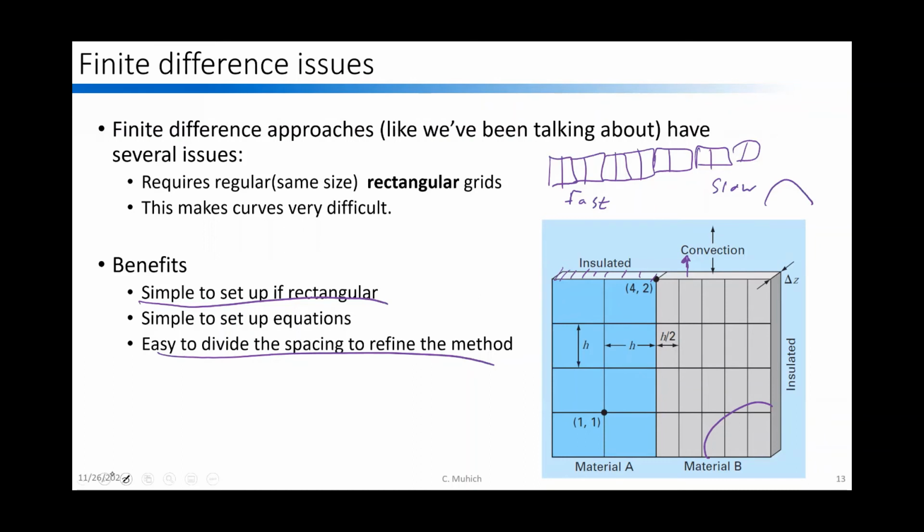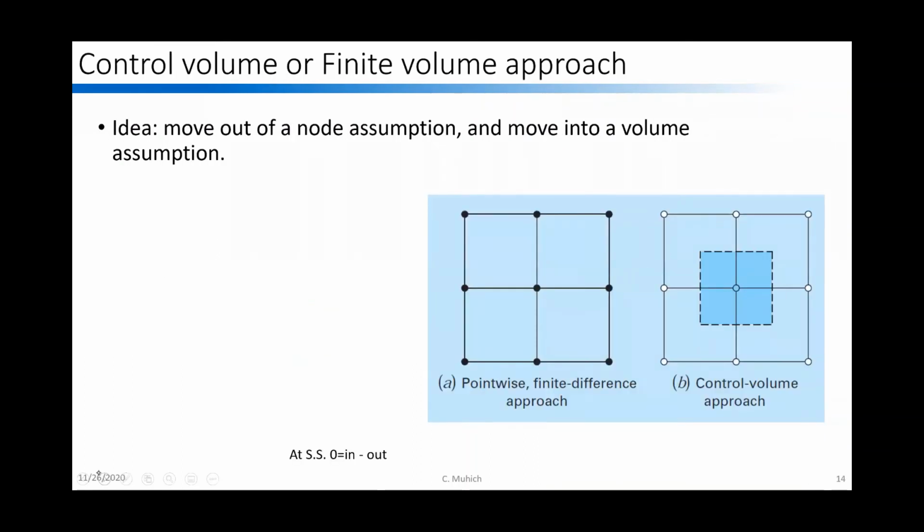So what we're going to come up with is called a control volume, or the finite volume approach. We're going to move away from having these nodes and calculating the point at each of these nodes, the point-wise definition, and instead make these boxes around each node.